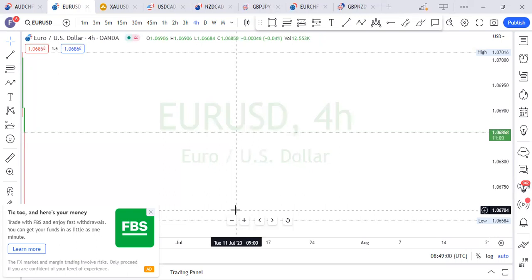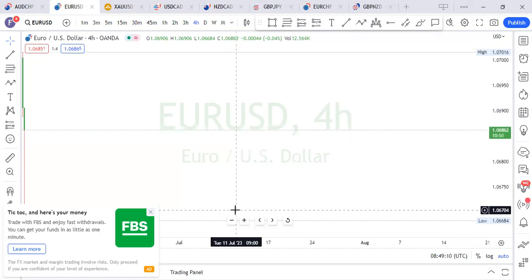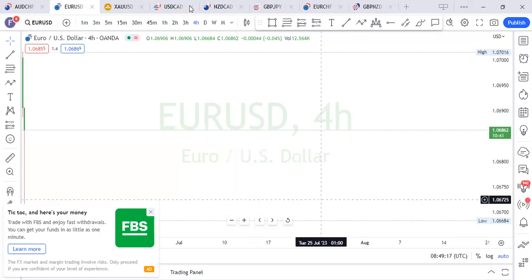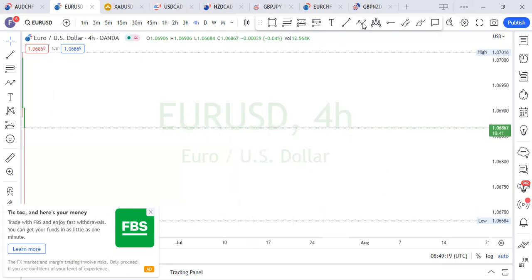Like the arrow when you started pulling the arrow. Like now, the market is trending up, you understand? We are having a series of higher highs and higher lows.